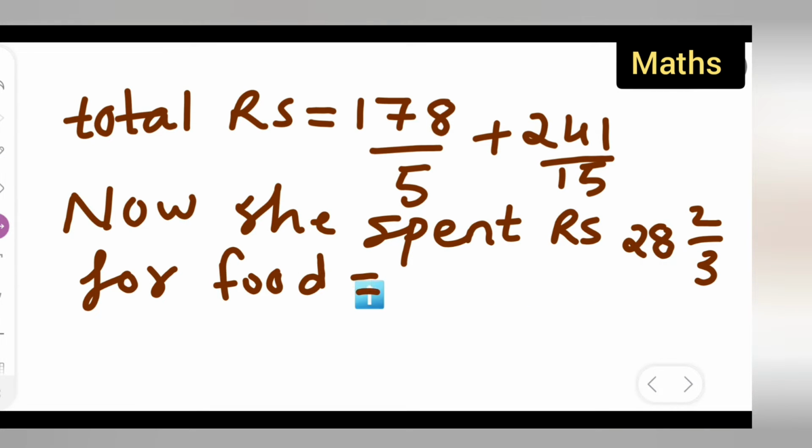For food. Now 3 times 28 is 84, plus 2 gives 86. So 86 upon 3. The same rule applies: denominator times quotient plus remainder, upon the denominator.